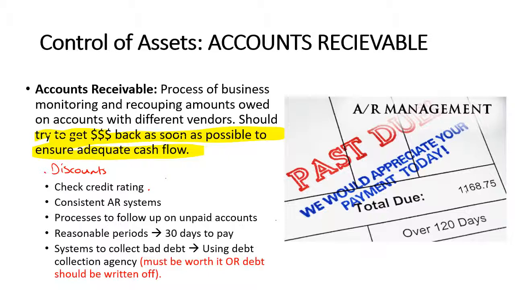Okay? Now, second one is consistent accounts receivable systems. This is where we need to have systems in place to ensure our money is always coming in. So that could be me saying that all my accounts receivable need to be paid on the third Tuesday every month. Okay?